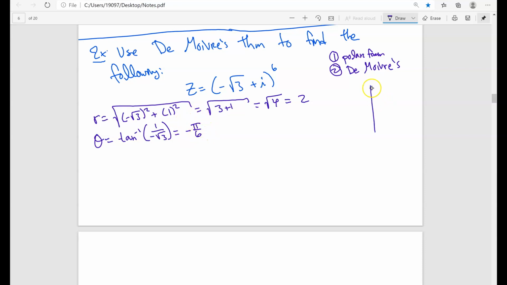If you look at where this number is, here's negative square root of 3 and here's i, so you can see that this is in quadrant 2. Negative pi over 6 is in quadrant 4. So to figure out the angle, all we have to do is add pi radians to that, and you end up with 5 pi over 6.